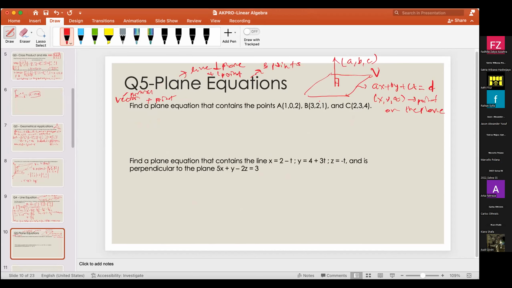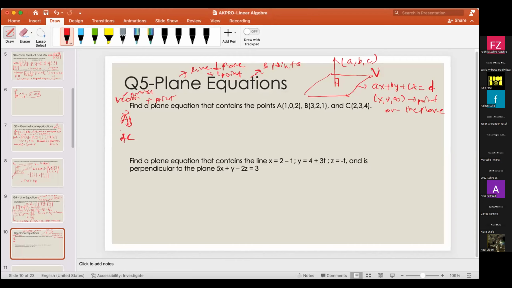In fact, in number 1 here, we're going to use that concept. And so we're going to find a plane equation that contains these 3 points. Okay, and what we're going to do first is to find the vectors that are formed by these 3 points.